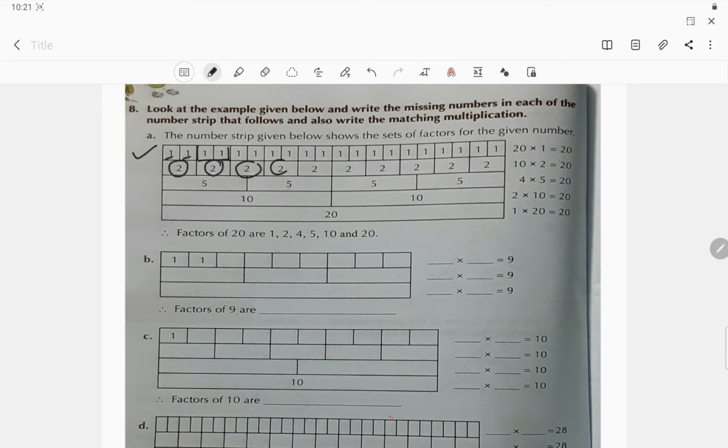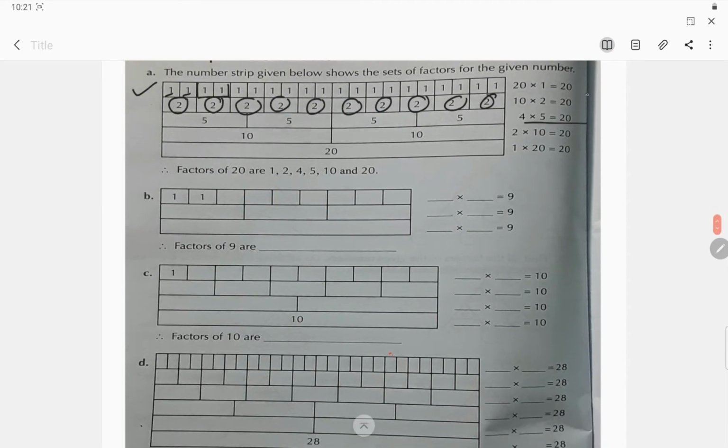Similarly, they are doing the same thing, and again it is given in the box 5 and 5, 5 and 5, that is 4 5s. So 4 5s are 20. So basically the factors of 20 are given with the set of factors, right?